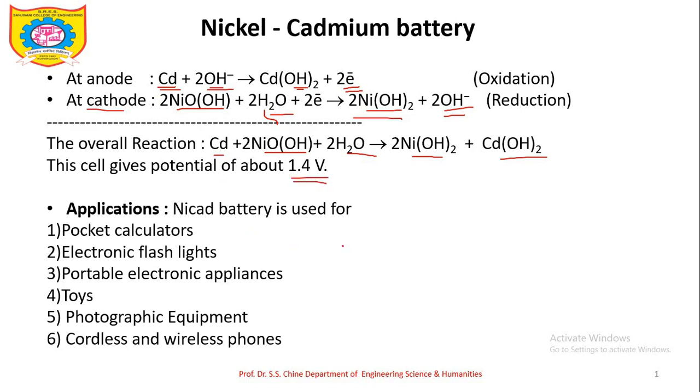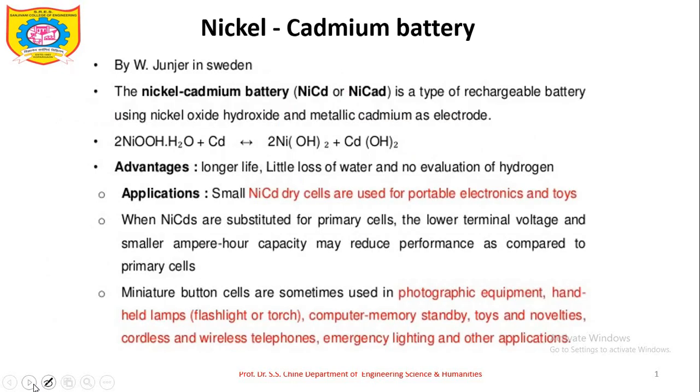So this nickel cadmium battery is generally used for all the portable electronic appliances. Then it can be used for the pocket calculators, electronic flashlights, toys, photographic equipments, then cordless and wireless phones. That means in handheld lamps, computer memory standby, then novelties, emergency lighting.